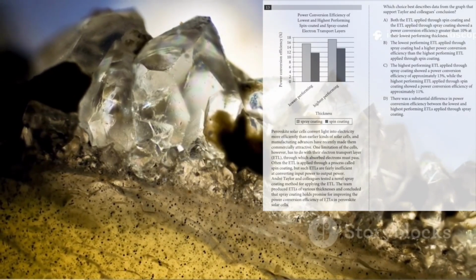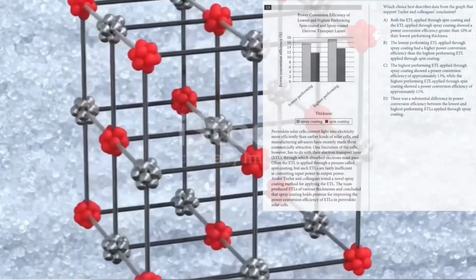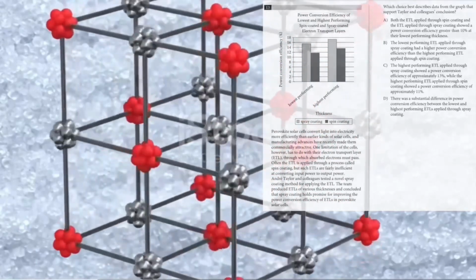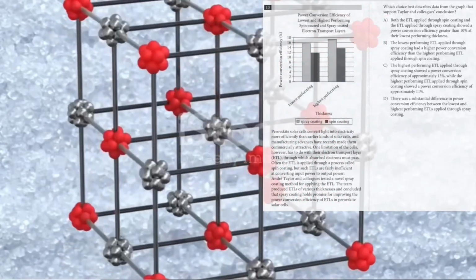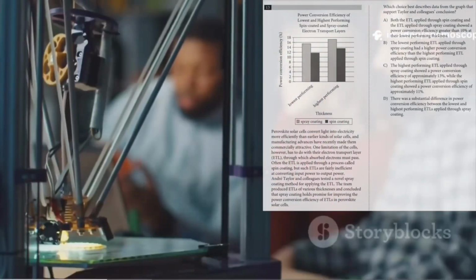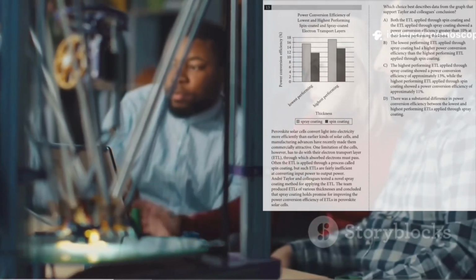A. Both the ETL applied through spin coating and the ETL applied through spray coating showed a power conversion efficiency greater than 10% at their lowest performing thickness. B. The lowest performing ETL applied through spray coating had a higher power conversion efficiency than the highest performing ETL applied through spin coating.